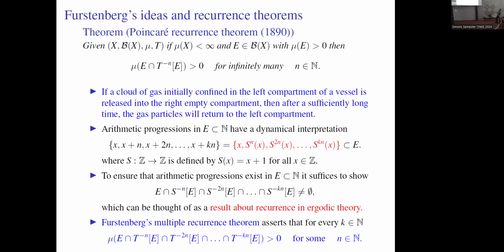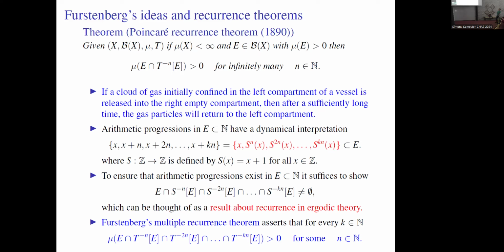So therefore, we want to understand the nth iteration of x under the shift operator. And it turns out that if you want to show that this set contains arithmetic progressions of length k, or in this case, of length k plus 1, then we have to show that this set is non-empty. So this can be thought of as a result about recurrence.